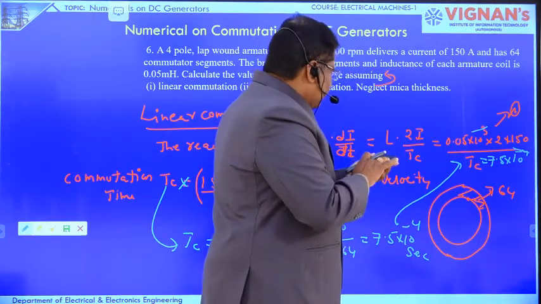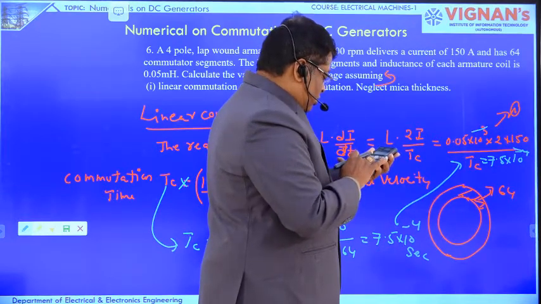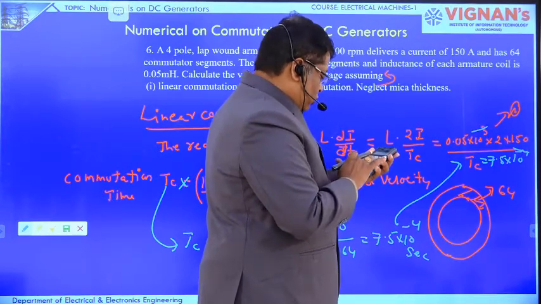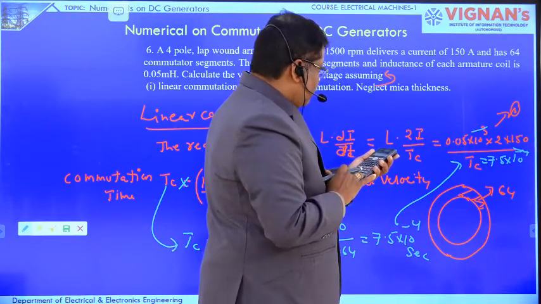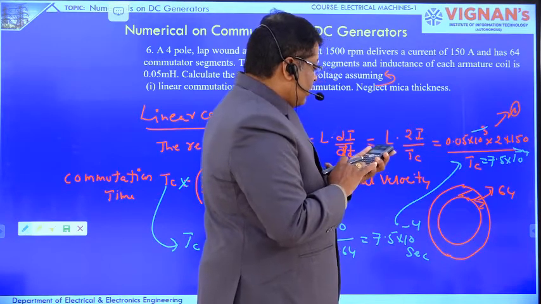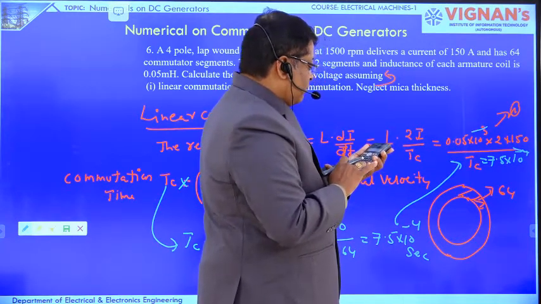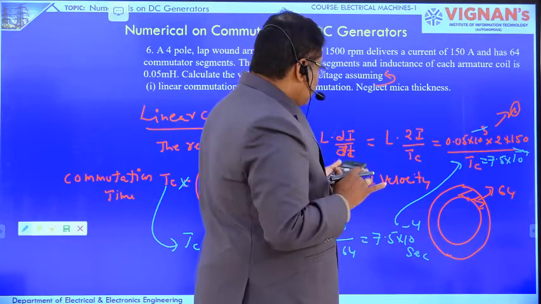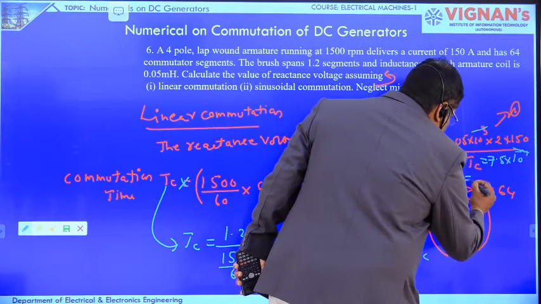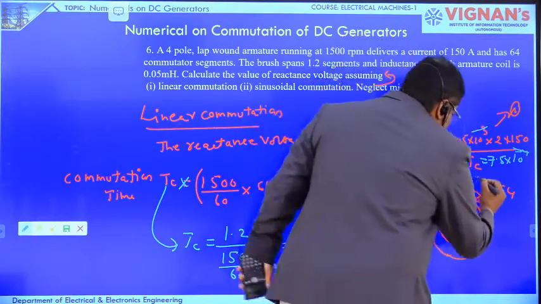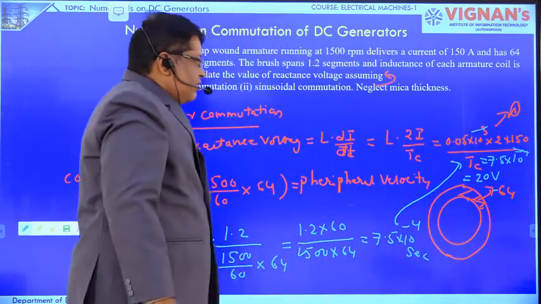So you get 0.05 into 2 into 150 divided by 0.75. The reactance voltage we are getting is 20 volts. We are getting 20 volts in a linear commutation.